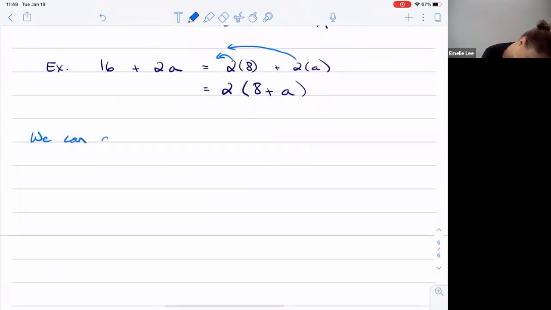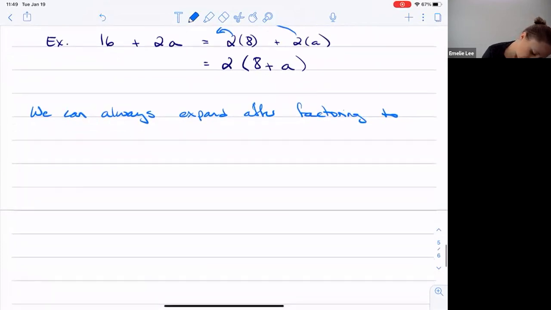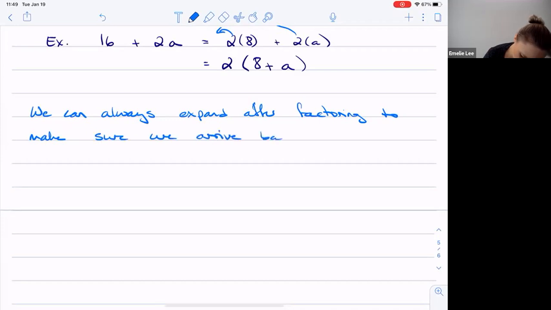So we can always expand after factoring to make sure we arrive back at the original expression.